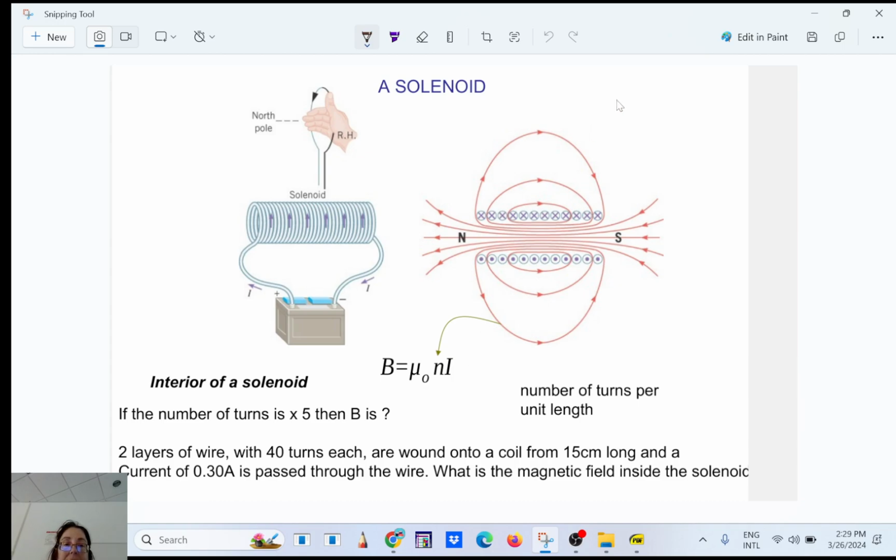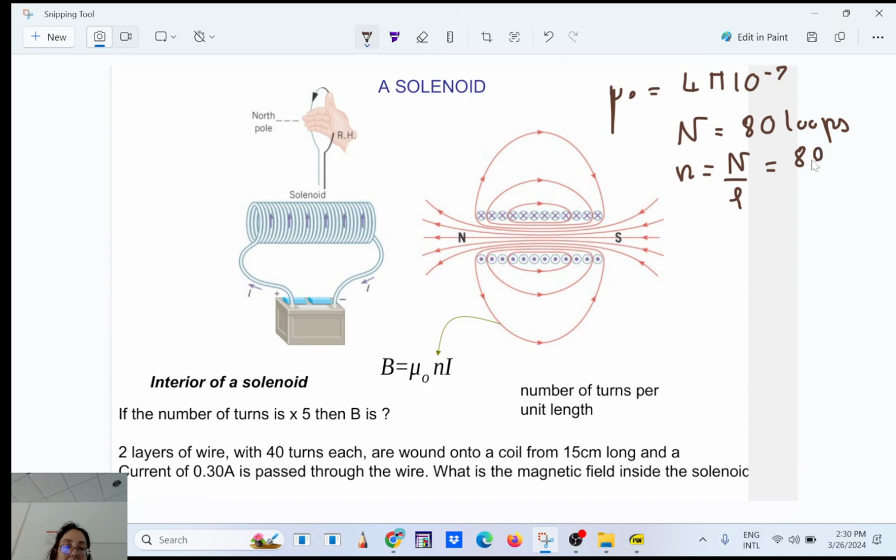So mu zero is 4 pi times 10 to the negative 7. The total number of loops is 80, because you have 40 turns or 40 loops, but you have two layers. n is the density, so n by definition is the number of loops per unit meter.